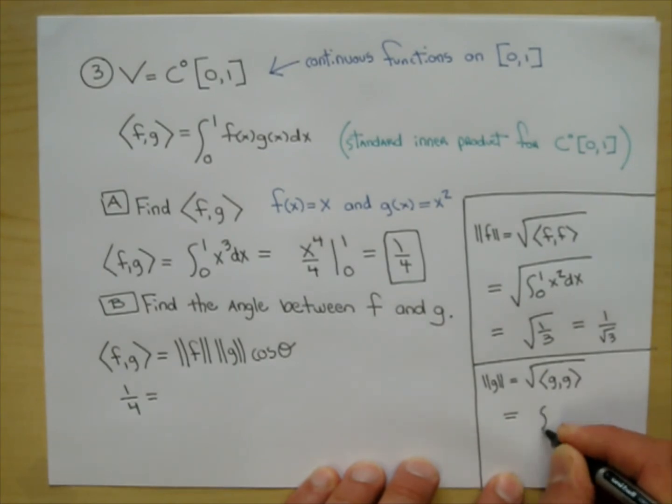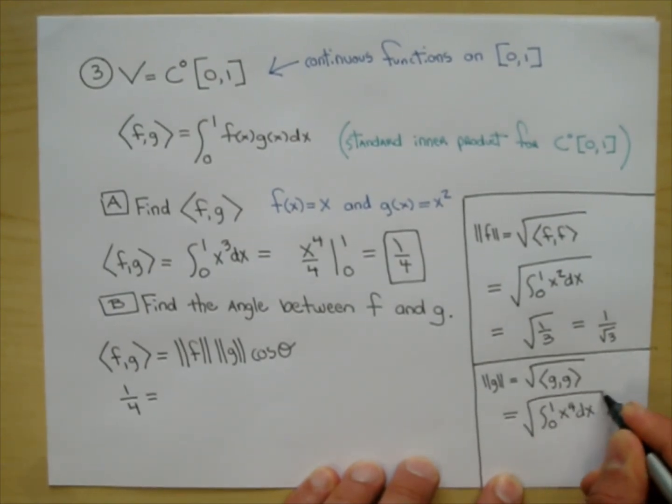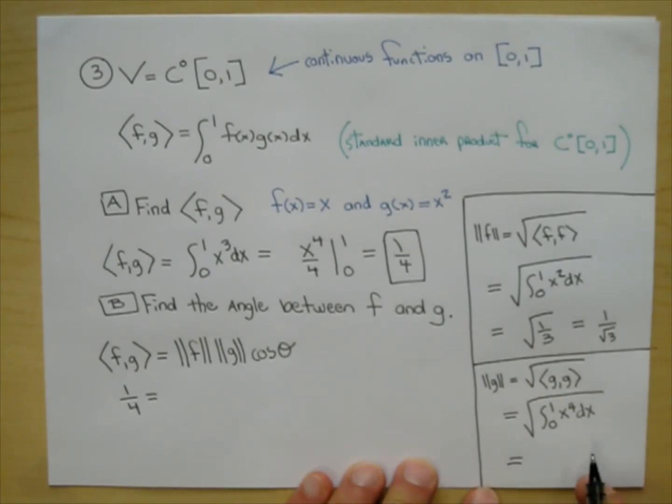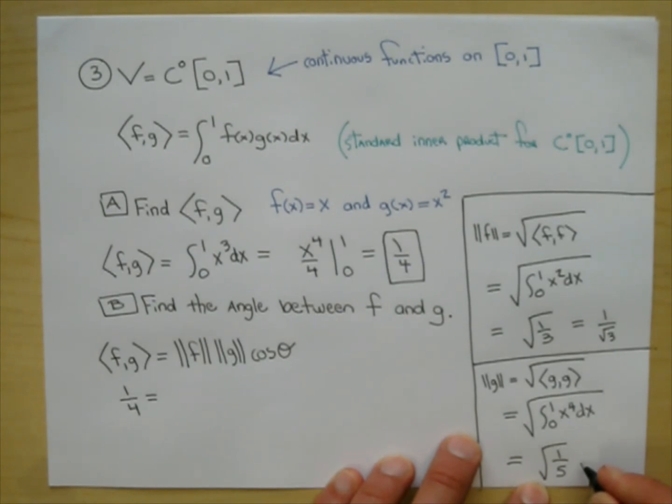So this is the integral from 0 to 1, x to the 4th dx. We're taking the square root of that. Well, the integral of x to the 4th is x to the 5th over 5. Evaluate it from 0 to 1. 0 is going to zero out, and you put 1 in there, you get 1/5. Of course, this is the square root of 1/5, which is 1 over the square root of 5.